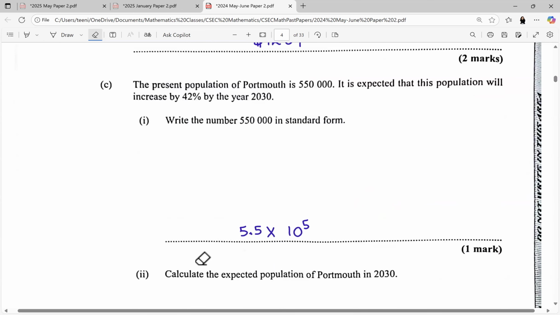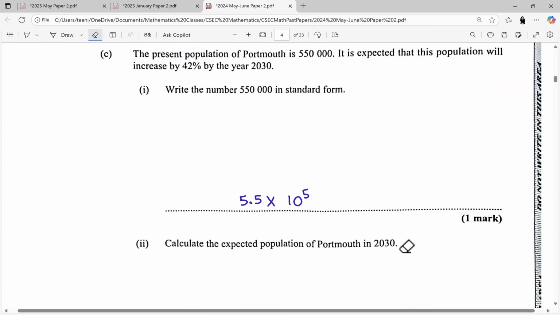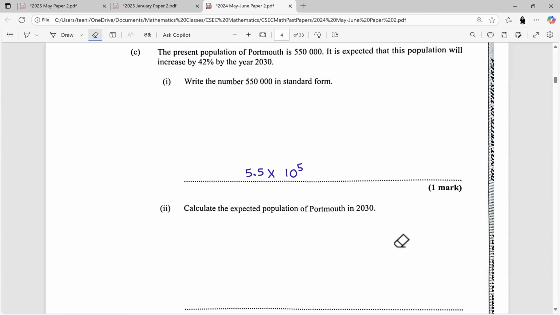Okay, so calculate the expected population of Portsmouth in 2030. The present population is 550,000. It is expected that the population will increase by 42%. So what would be the expected population? Do you guys know how to solve this question? How would I calculate the expected population? Any ideas?